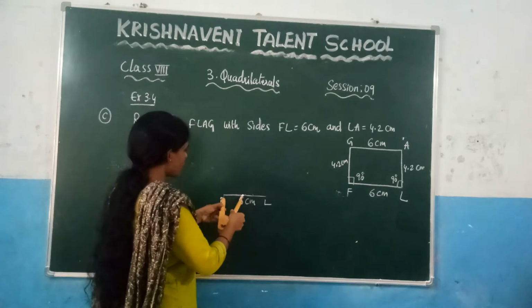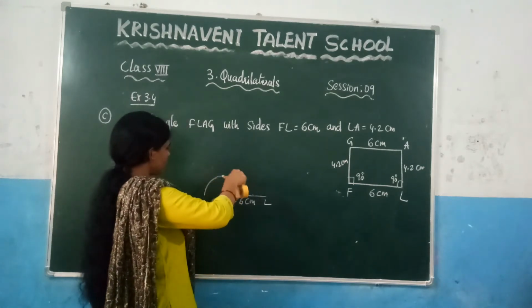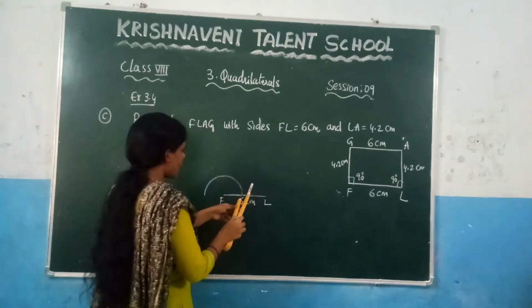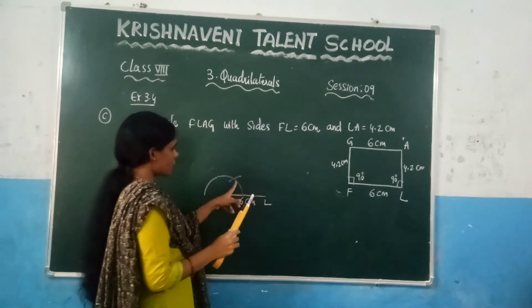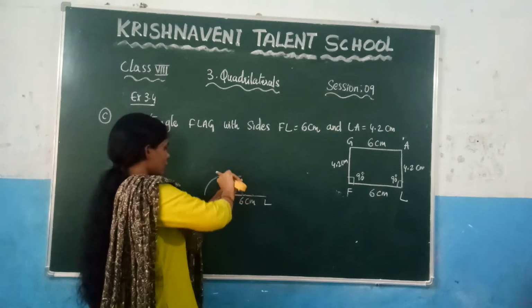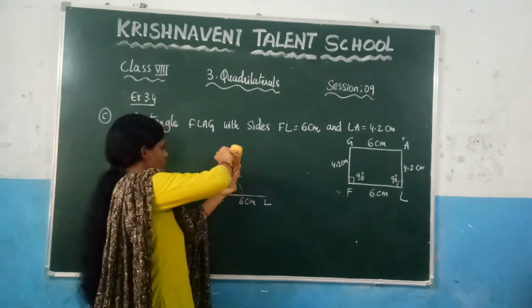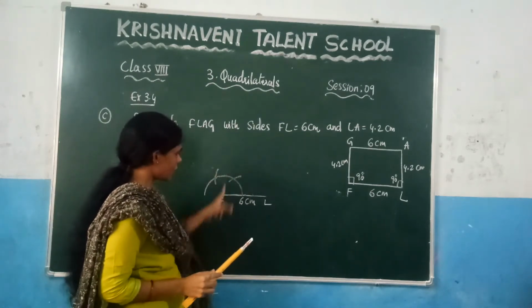Just you need to take some radius here and draw one arc. And you should not change this radius, and at this point again draw one arc. This is nothing but 60. And at this 60 draw one arc, which is nothing but 120. You know that 60 plus 60 is 120. And between this 60 and 120 you will get 90 degrees.